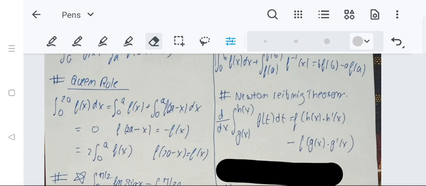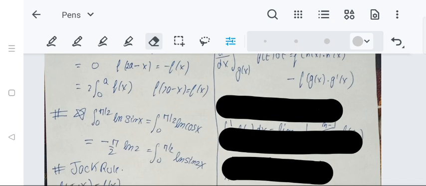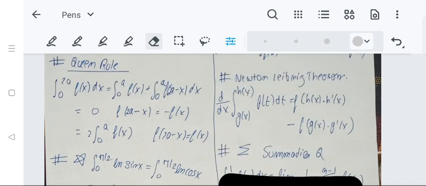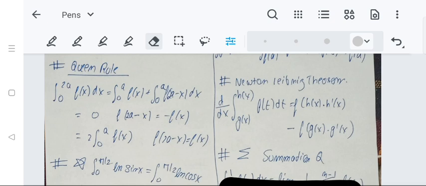If you want to differentiate integral terms which have limits in the form of some function like x square, x cube, 1 plus x square, then you put the upper limit in the function in place of x, and multiply by the differentiation of the upper limit, minus you put the lower limit in that function as x, and the differentiation of that lower limit. You practice the questions of Newton-Leibniz, it is very much easy, it only seems difficult.